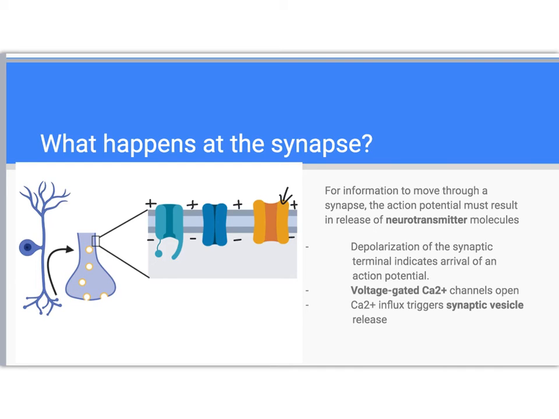These channels are triggered to open due to the depolarization caused by the opening of voltage-gated sodium channels. Once calcium flows into the cell, it will trigger the fusion of synaptic vesicles and the release of neurotransmitter. This will be discussed in another tutorial.